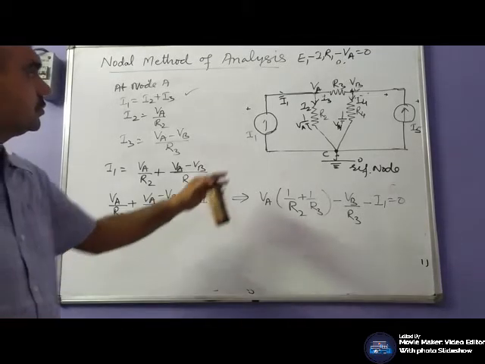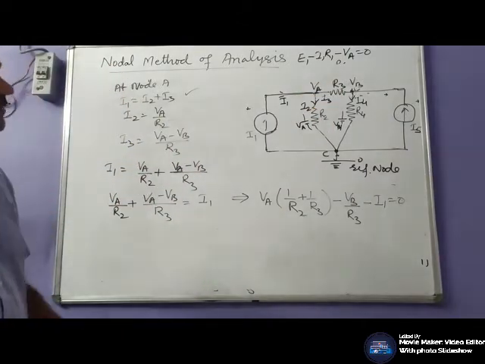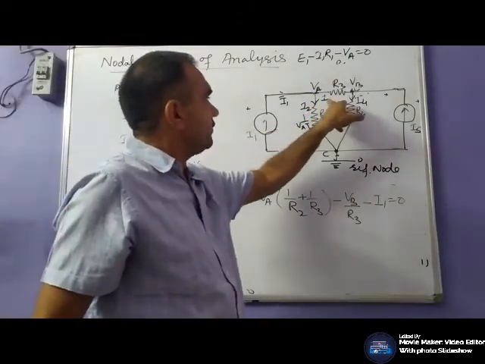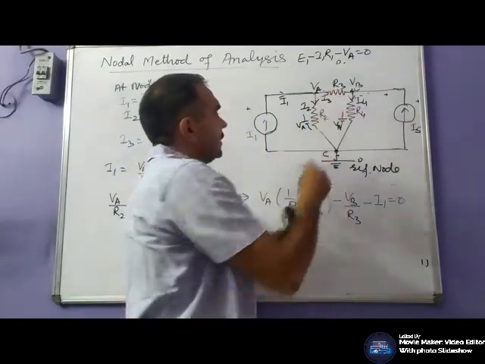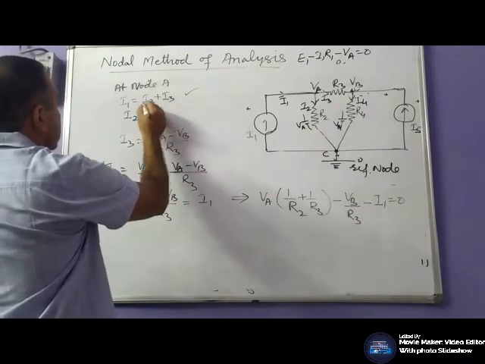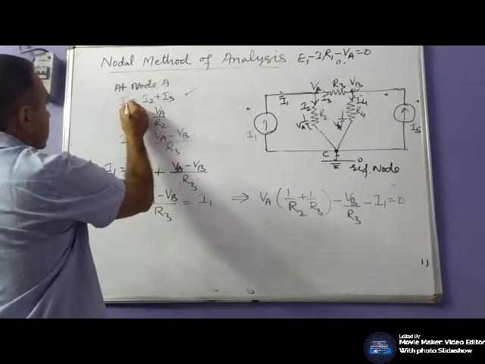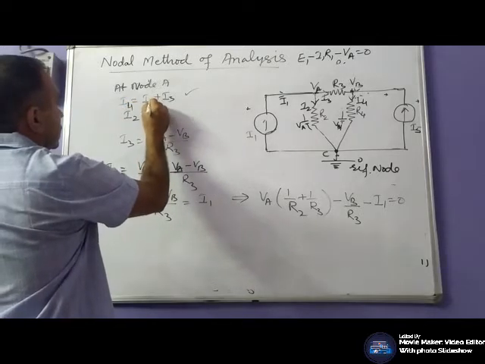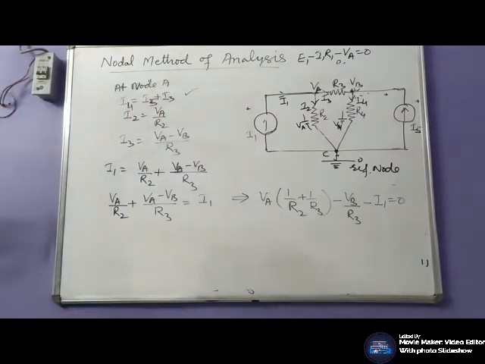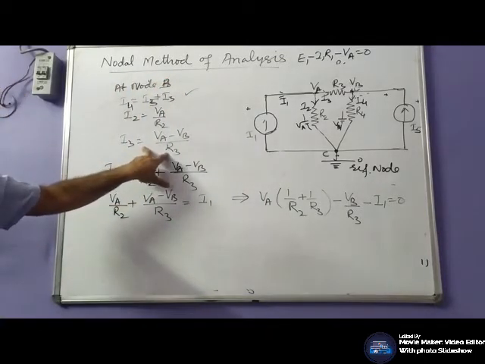Now at node B, say I5 plus I3 is equal to I4. Simple at node B. I3 you have already found out.